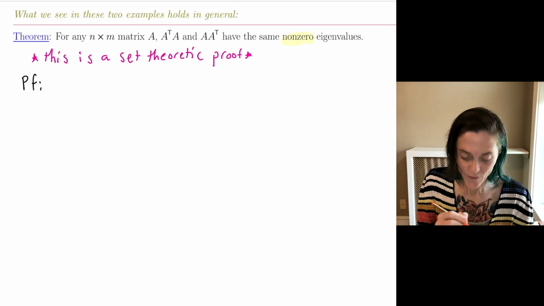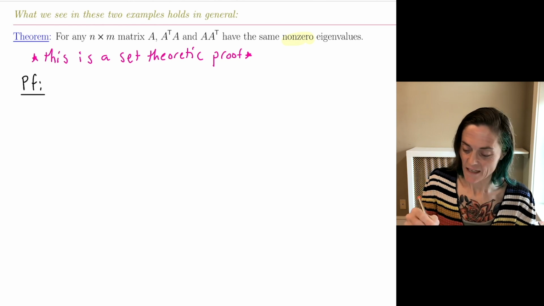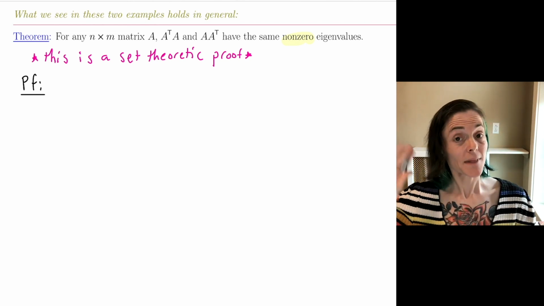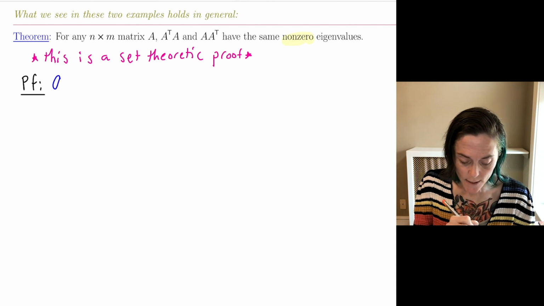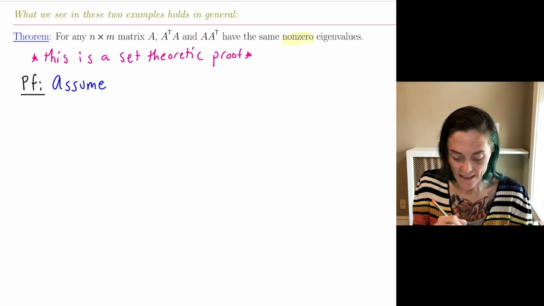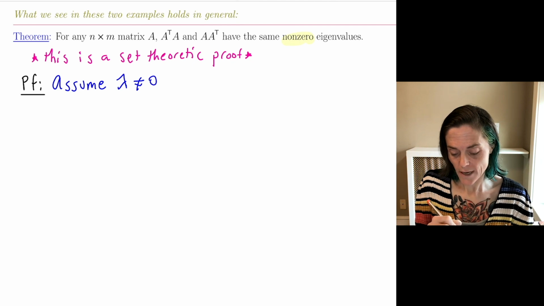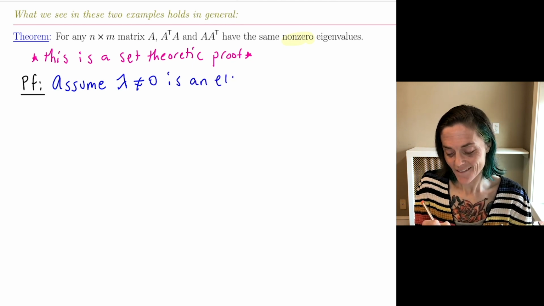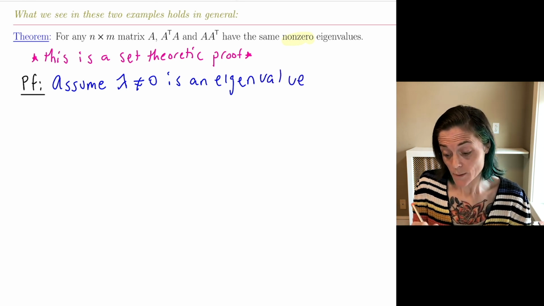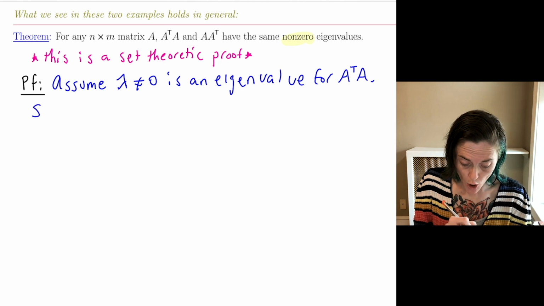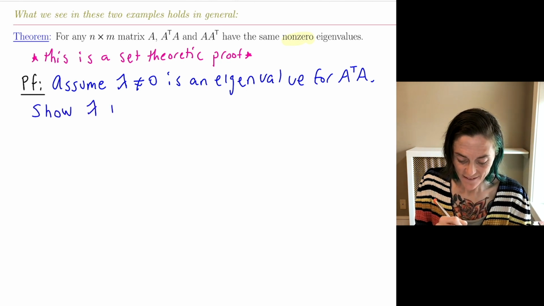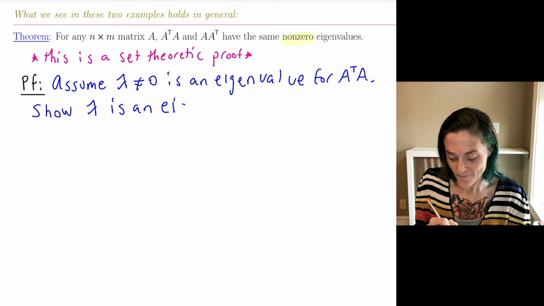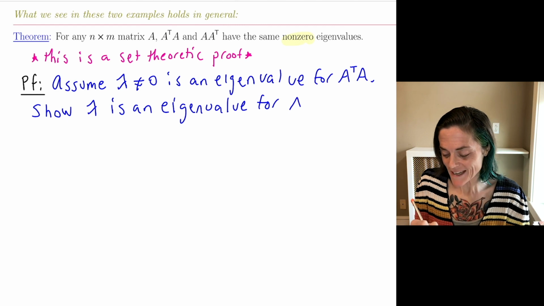So for our proof, initially it will seem like I'm just proving one direction. Let's assume lambda not equal to 0 is an eigenvalue for A transpose A. And we can show lambda is an eigenvalue for this matrix, A transpose.